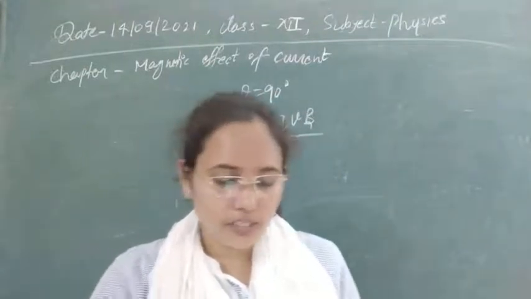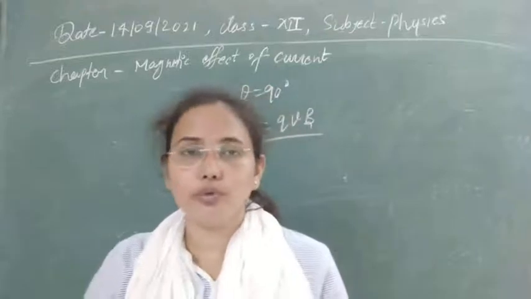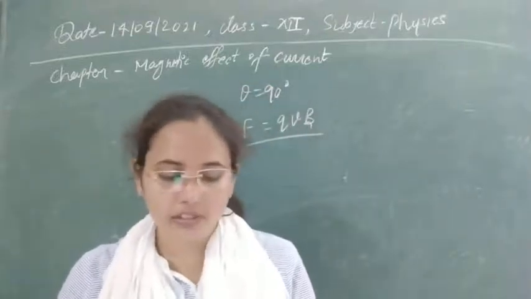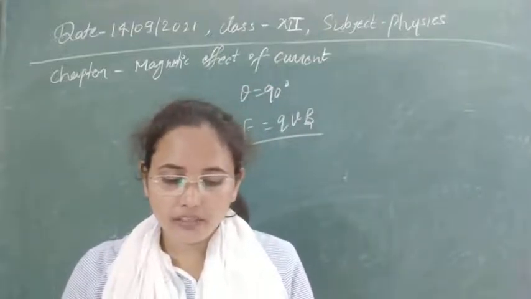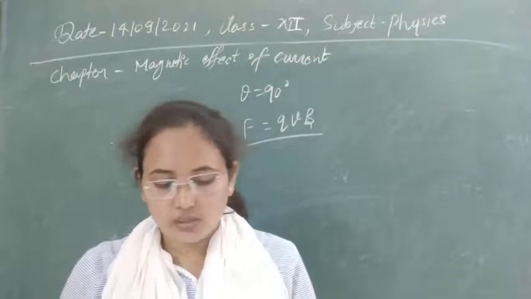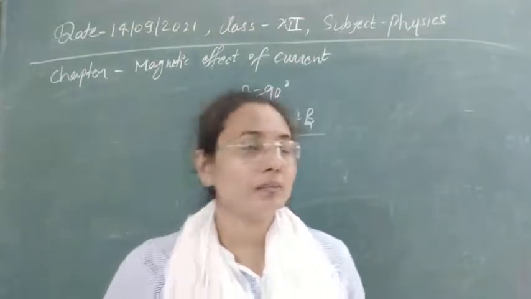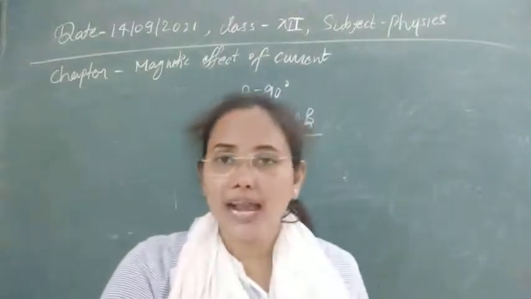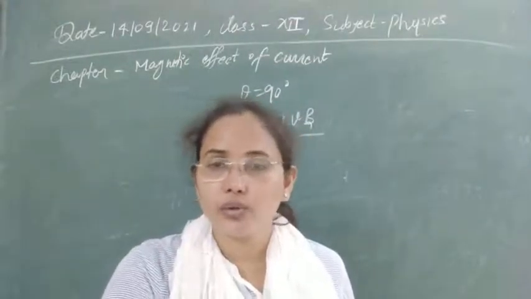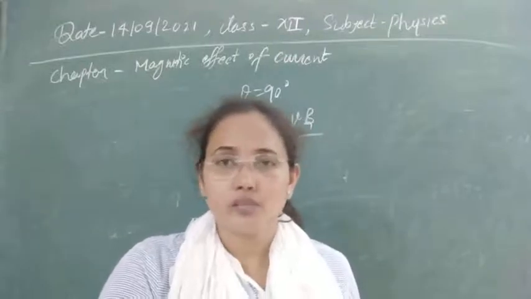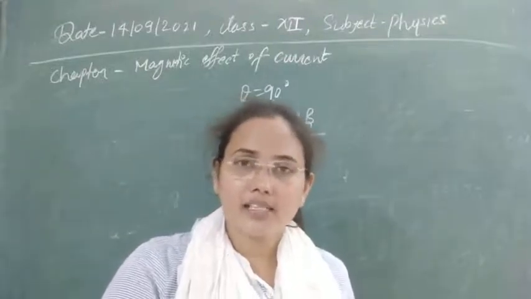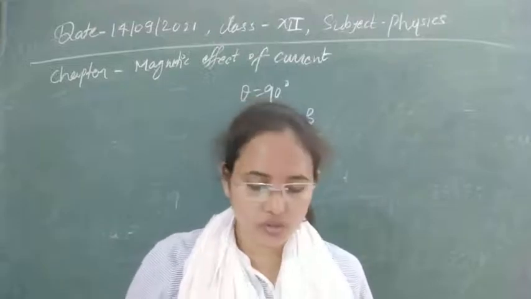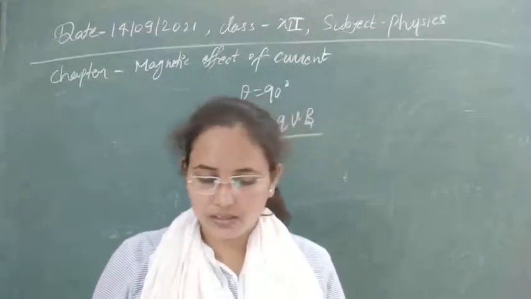Now the options: the first option, continue to move due east, is not possible. The second one is move in a circular orbit with its speed unchanged. Yes, this option is correct, because it experiences a constant force, and due to this the magnitude of velocity will not change, and the magnitude of velocity is speed. So its speed will not change, but the direction will change and it will do circular motion. So all other options are obviously incorrect.